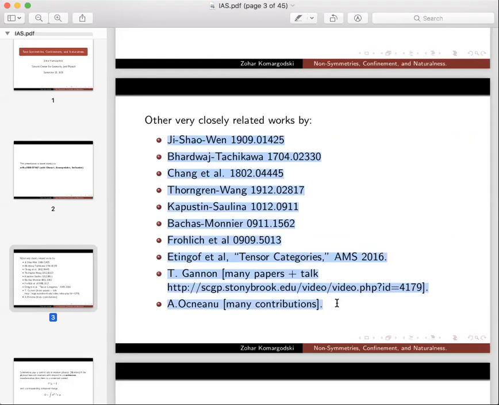But there will be some things that I will not prove or explain completely. I am happy to talk about them in the half-an-hour discussion session afterwards. These papers are crucial for many things I'm going to say, but I'll keep them in the background so that you can still follow the talk, even if you do not know the content of some of these papers.